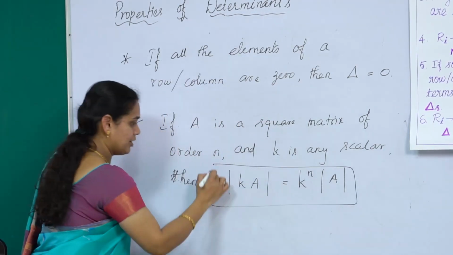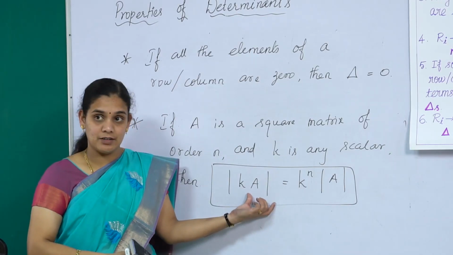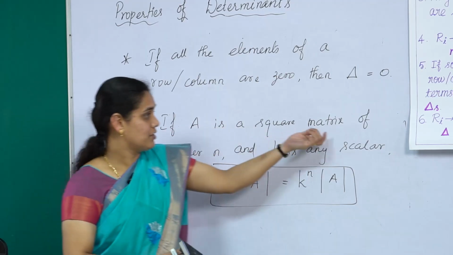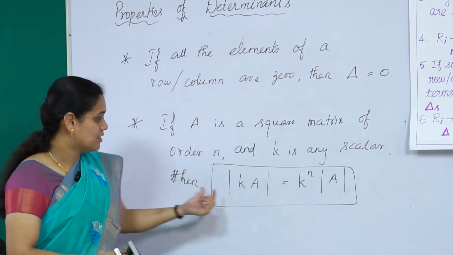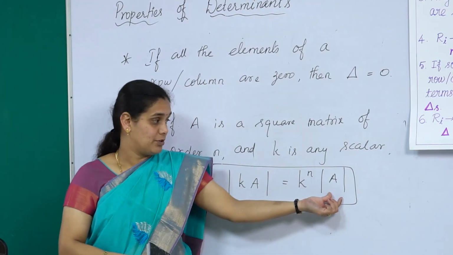Please note it down in your textbook, as it is not given in the present one. If A is a square matrix of order n and K is any scalar, then determinant of KA is equal to K power n into determinant of A.